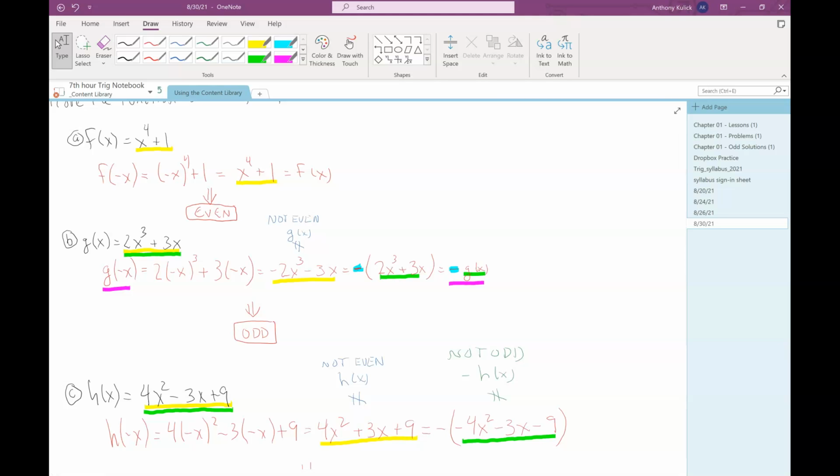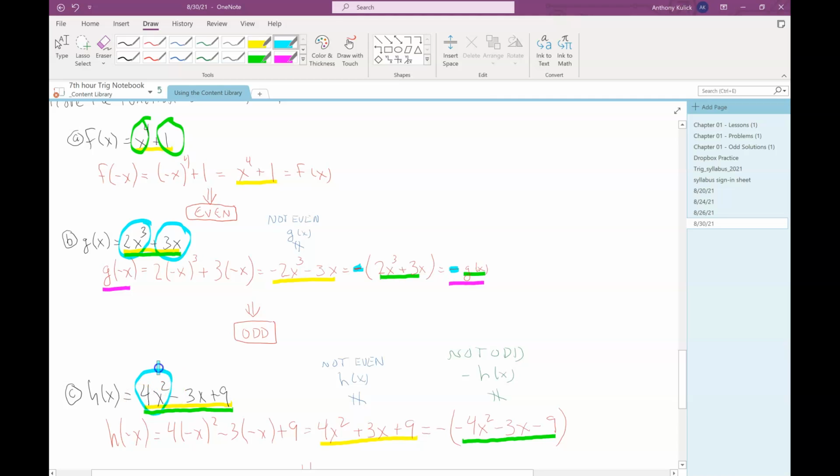You can figure out whether they're going to be odd, even, or neither just by looking at the degrees. So in the first one, you have a degree 4 and a degree 0. Because the degrees are all even, I know this will be an even function. In the next one, we have a degree 3 and a degree 1. Since those are all odd, I know it'll be odd.